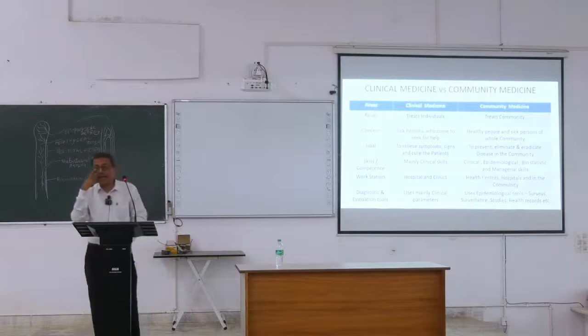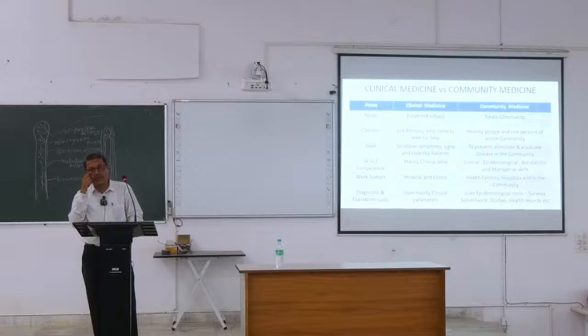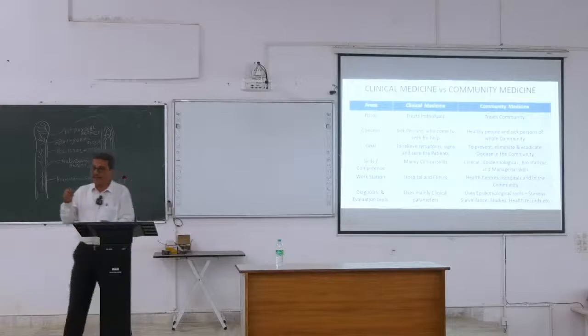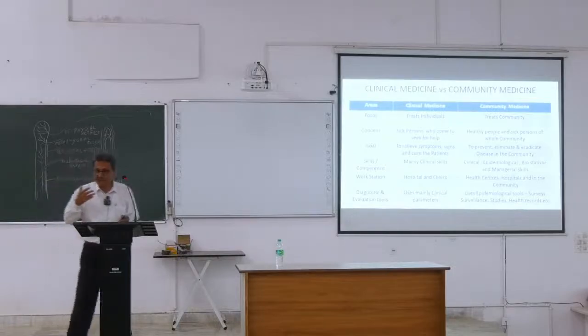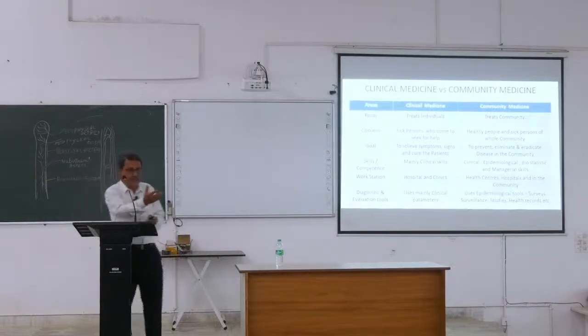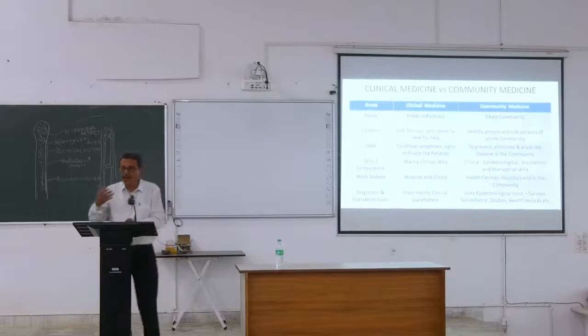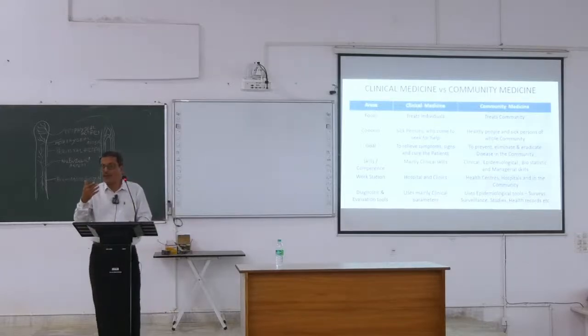Suppose I see the color of the lower palpebral conjunctiva, or the color of the nails, or the tongue. I can say clinically that he or she is suffering from anemia. These are called clinical skills, the signs and symptoms suffered by individuals that a doctor identifies clinically. If you are clinically the best, you will be the best physician.